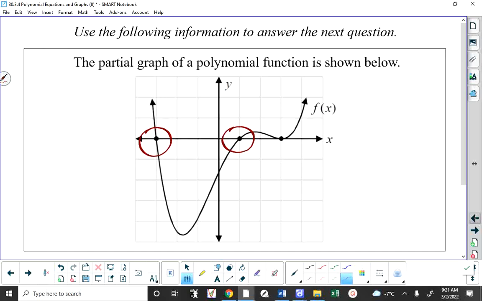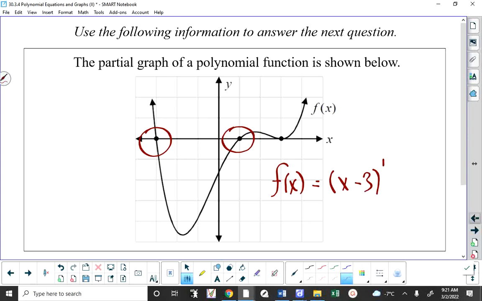And what that means is that the factor that produces that x-intercept occurs only once in the factored form of the function. So this function p of x, or f of x I guess it's called, would have to contain an x plus 3, to the 1.